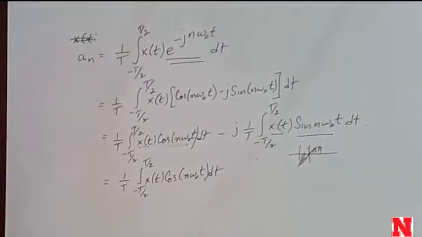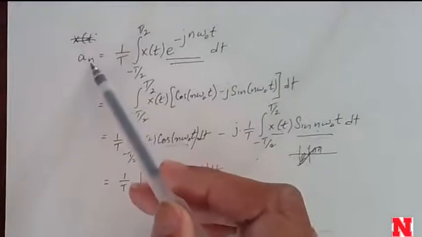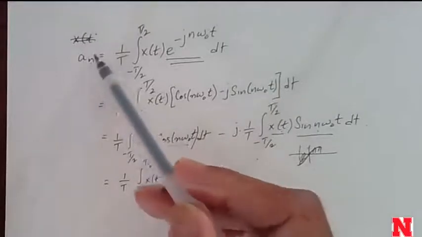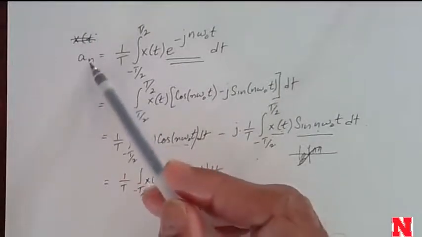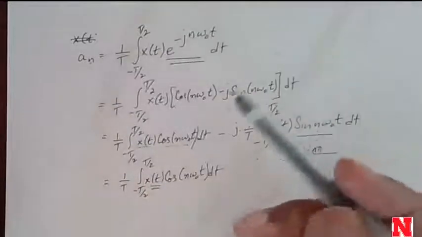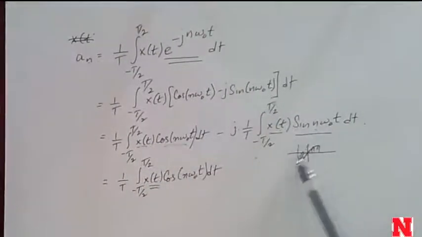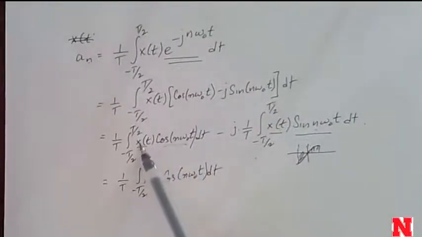Okay, there's one other thing I want you to see. If x of t is real, then this whole thing is real as well. So if x of t is real and even, then a sub n is real and an even function of n. What happens if x of t is odd? If x of t was odd, then this would be odd times even.